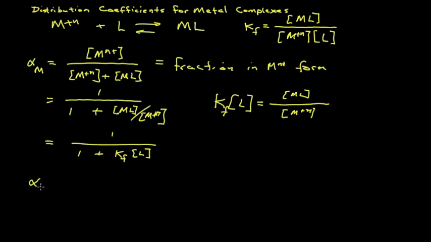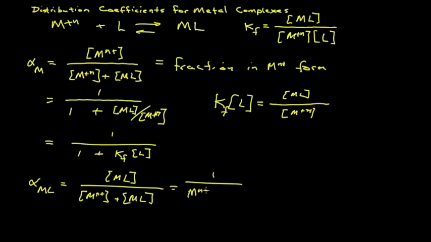Likewise, if we want the fraction in the complex form here, that's just ML over M, the ion, plus ML. Again, dividing through by ML, it's 1 over Mn+ divided by ML, plus 1.